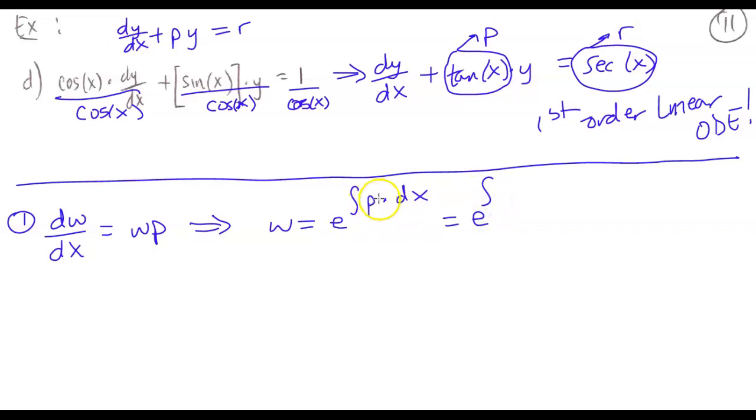And so here the p value is going to be tangent. And of course, the antiderivative of tangent can have one of two representations. One is minus natural log of the absolute value of cosine x, or you could say it's going to be natural log of secant.